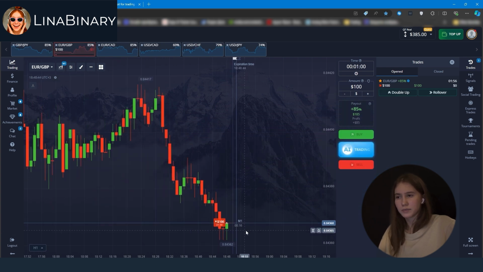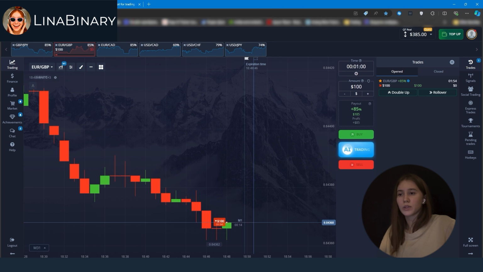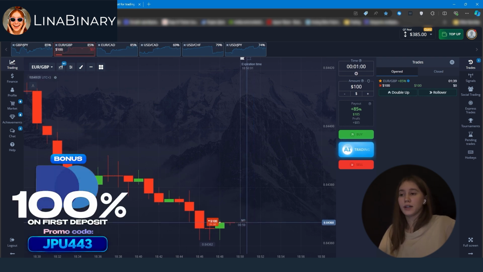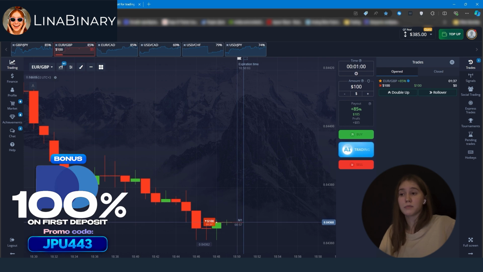We click this and it automatically opens a deal for 2 minutes. We see a decrease. The artificial intelligence takes this as a basis. I think it's a big mistake because if it opens on such time frames, it doesn't really analyze the market for the last period.